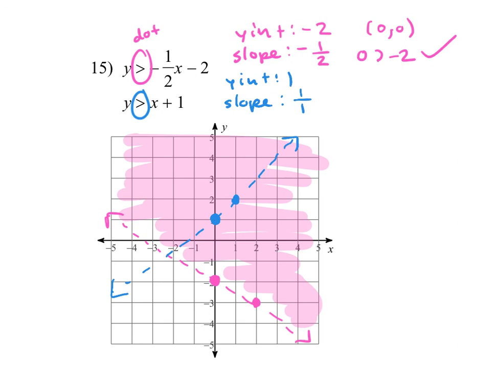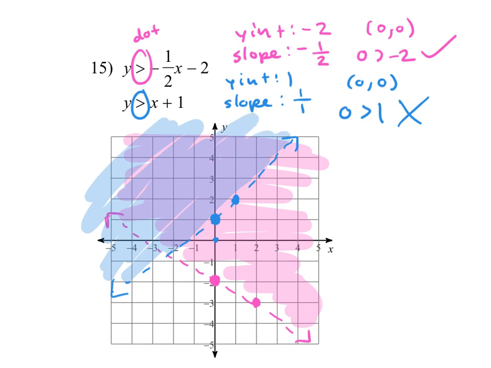So what can we plug in? 0, 0. So is 0 greater than 1? No. So where are we going to shade? If 0, 0 is here and it didn't work, where do we need to shade? Above it.